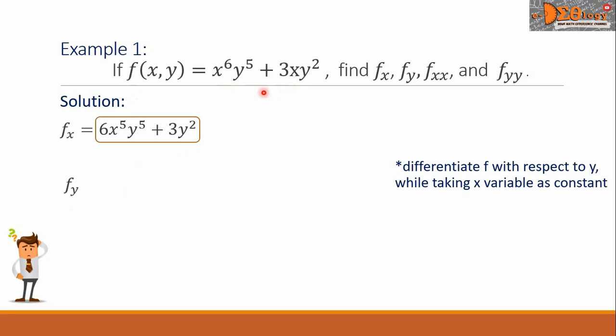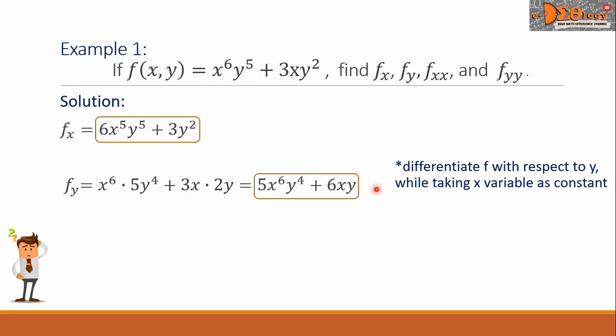So the derivative of this is x raised to 6, that's a constant, multiplied by derivative of y raised to 5, which is 5y raised to 4 plus derivative of 3xy squared is 3x times 2y. Simplifying this, we have now 5x raised to 6 y raised to 4 plus 6xy. This is the final answer.